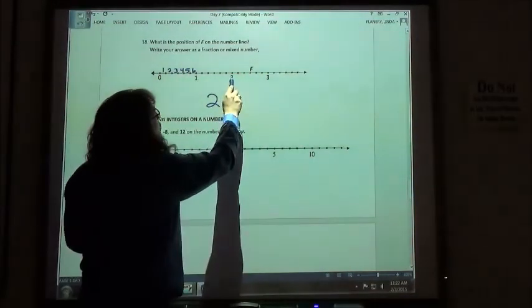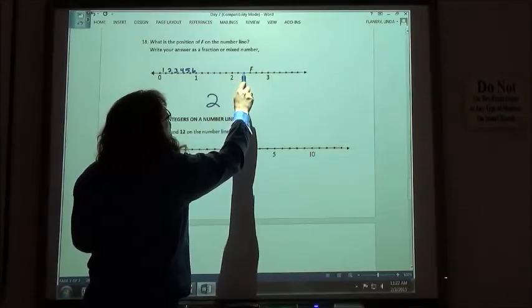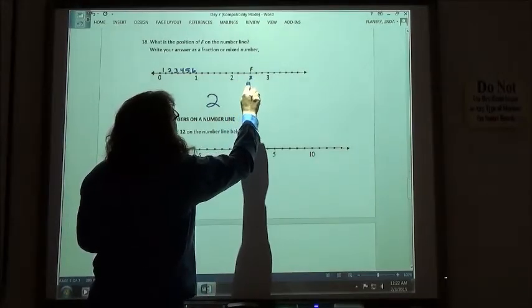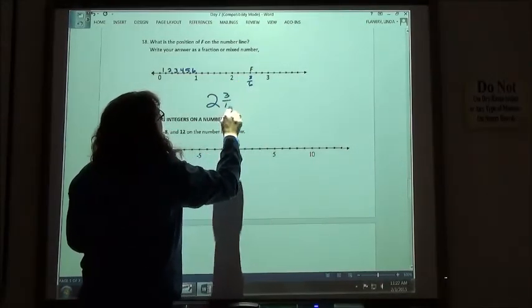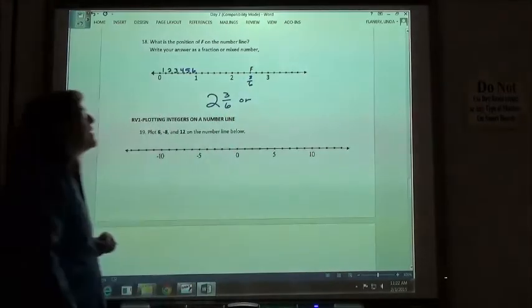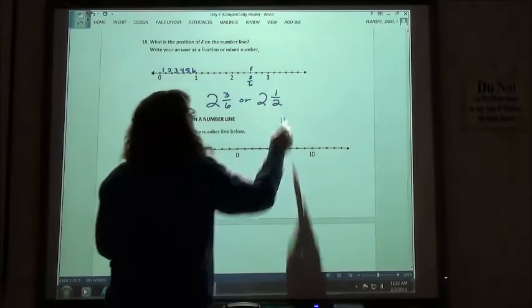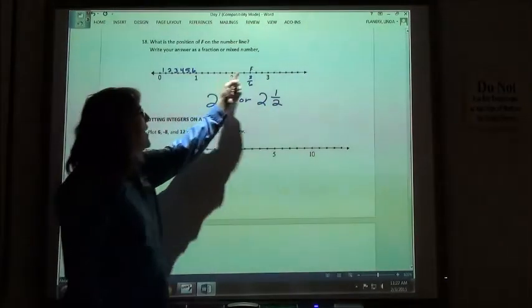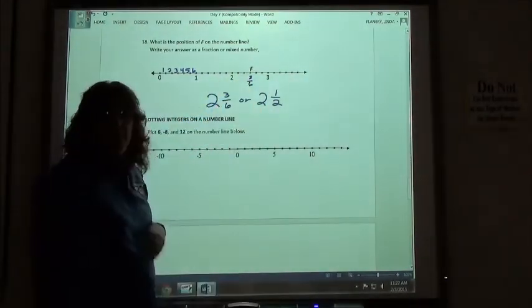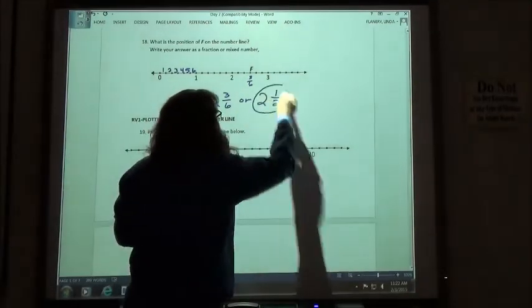So here I have 2 and 1/6, 2/6, 3/6. Again on this one, 3/6 can be simplified. 3/6 can be reduced down to 1/2, so I get 2 1/2. Hopefully you can see that F is halfway between the 2 and the 3, so it's at 2 1/2.